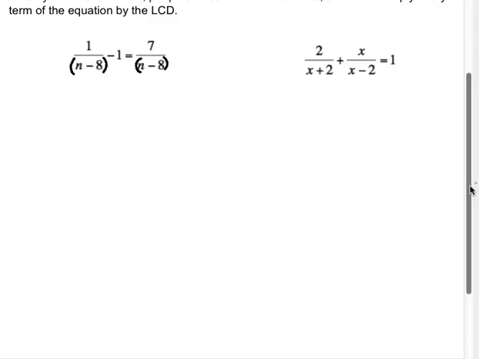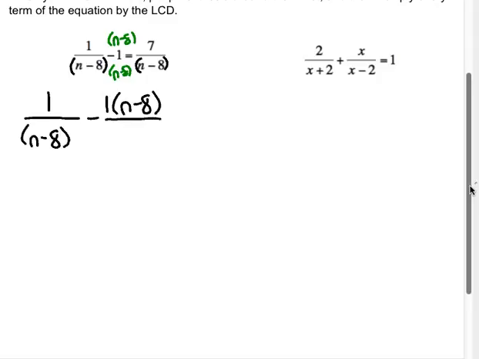So that minus 1 needs n minus 8 on top and bottom. Okay, so when we do that, we end up with this.